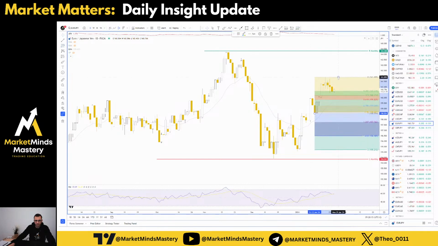So from this low to this high, 61.8, it's somewhere here. It's above the 20 period moving average. Market maintains this higher highs and higher low formation.